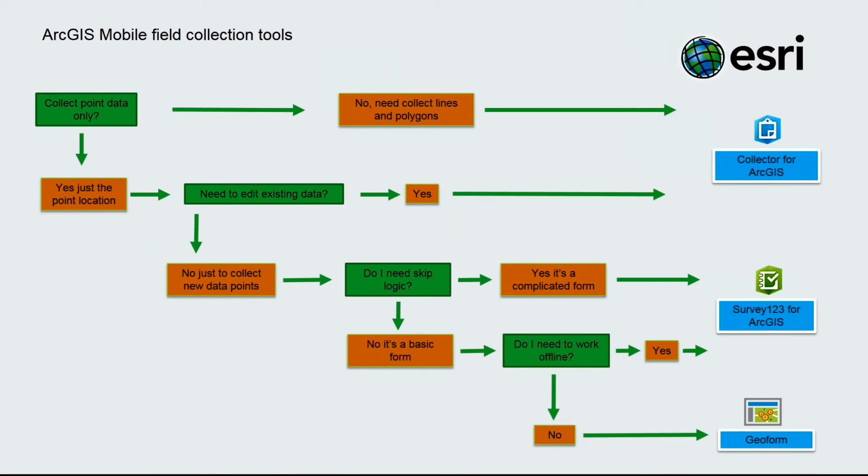I would honestly, if you can, spend a little time on the websites for Workforce, for Survey, for Collector, and take a look through some of the documentation. Workforce is actually incredibly easy to use, so don't be intimidated by setting it up. Just launch a project. It builds everything for you, and try it out.